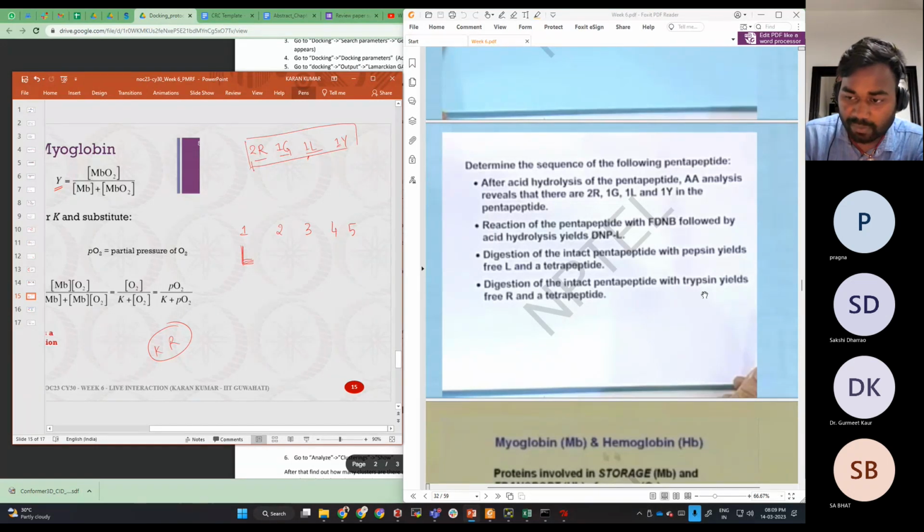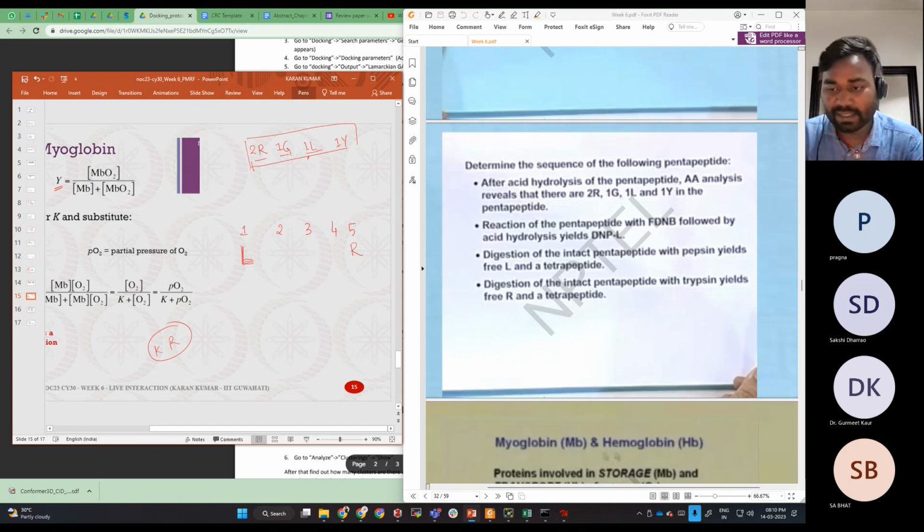Okay. So trypsin is digesting at the C terminal of arginine, so it is giving the arginine as free and one tetrapeptide. That means arginine will be on the right hand side. Okay. Now the third hint, which is the intact pentapeptide. Now arrange it.